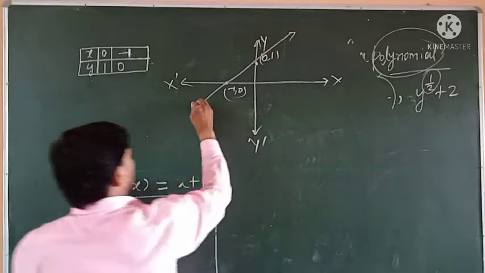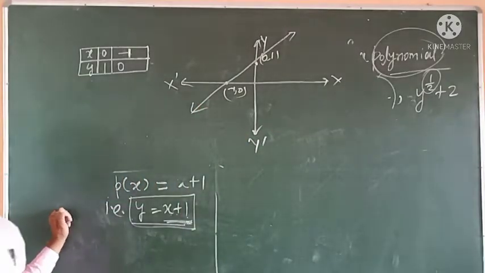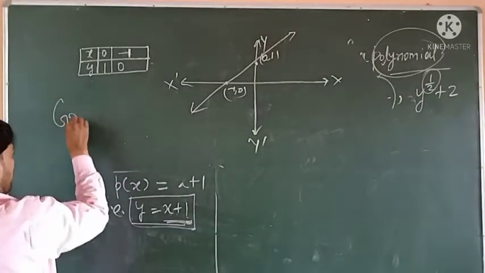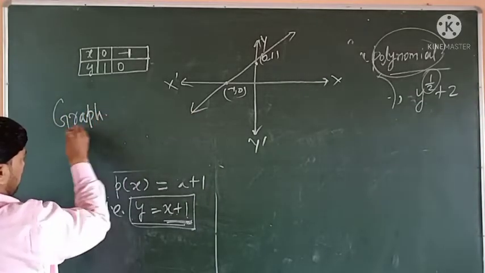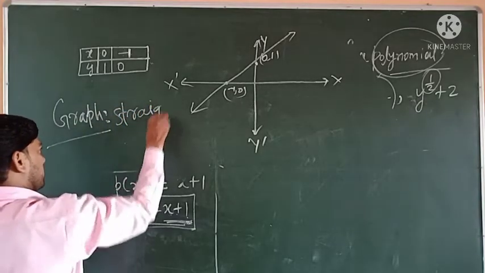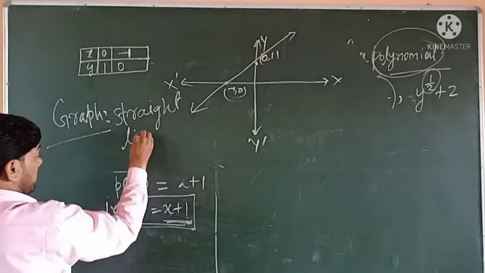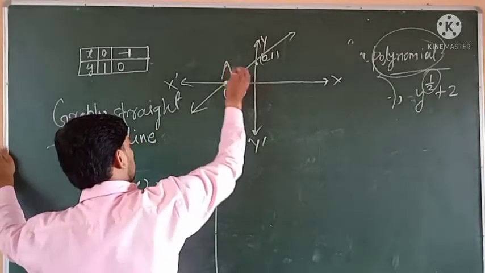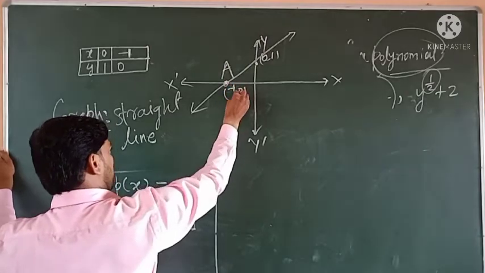See, the graph of this linear polynomial is a straight line, and it intersects the x axis at a single point, that is (minus 1, 0).